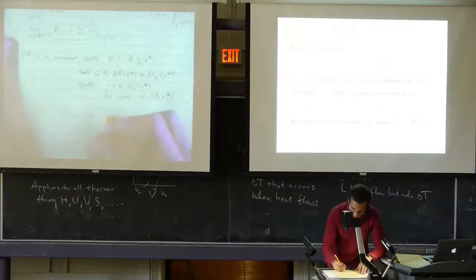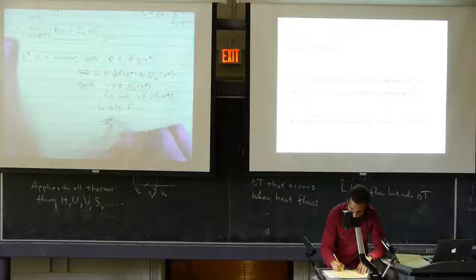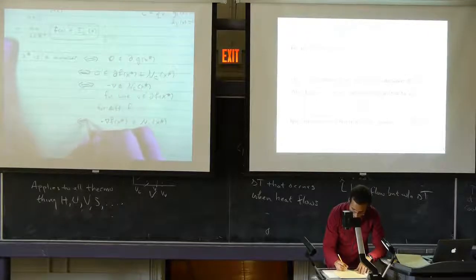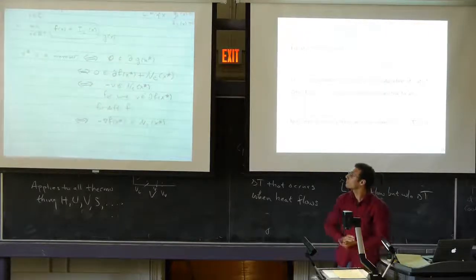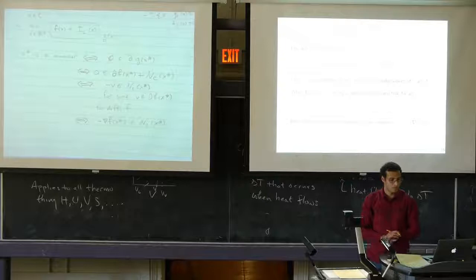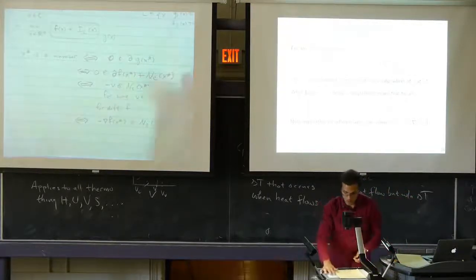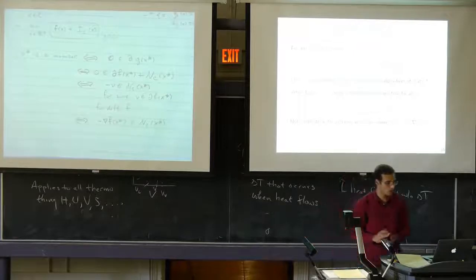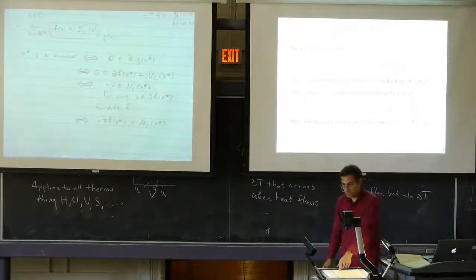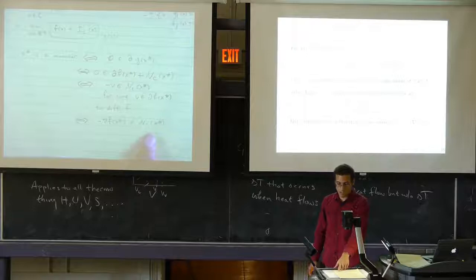And for differentiable f, this is true if and only if the negative gradient is in the normal cone. Okay, so now we have a characterization of optimality for the most general form of problems we know. Again, this doesn't mean we can solve every problem because we can't always write down what the normal cone is.